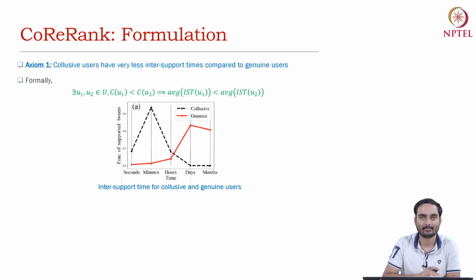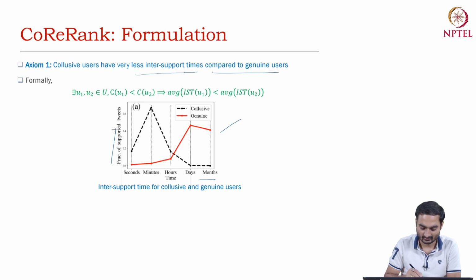Then we came up with some axioms. The first axiom was that collusive users have very small inter-support times compared to genuine users, meaning that collusive users retweet in a very quick manner, in a very short duration. See the plot here: the x axis is the inter-support time of retweeting, and the y axis is the number of such cases.